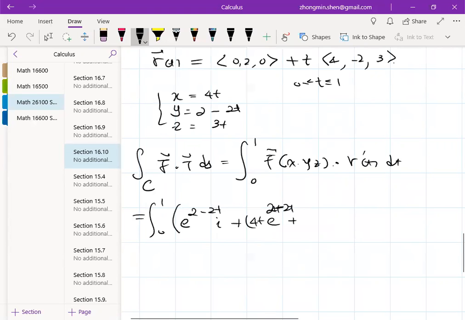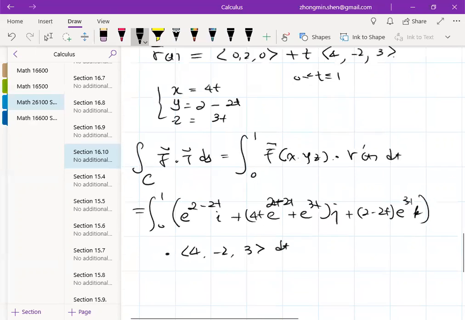And e to the z, that's j, plus y, 2 minus 2t, and e to the z, and 3t. Okay, and then the derivative of the parametrization is going to be 4, negative 2, and 3, and dt.